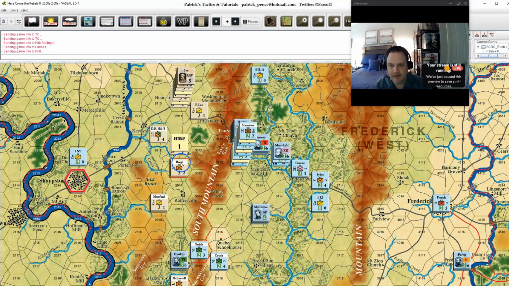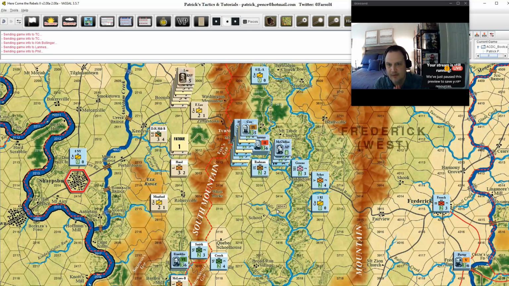But for example, in the most egregious sense, if Hood was here, he's exerting a zone of control that would cut off these leaders' ability to move through to get to another unit that was cut off and trapped. But with the leader transfer phase, I may move any number of these units provided they are within 10 hexes. And that is one of the things that you will do at the beginning of the turn.